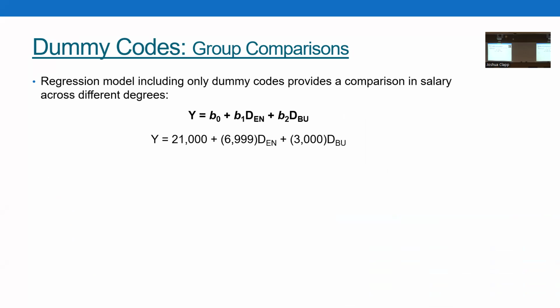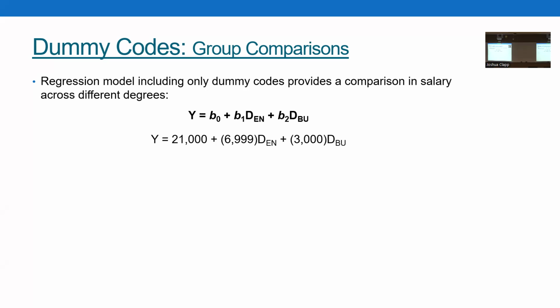So if we run a regression model where we just have dummy codes, we can look at a comparison in salary across different degrees. We want a regression model where our expected salary is equal to our intercept, plus a coefficient for my engineering dummy and a coefficient for my business dummy.